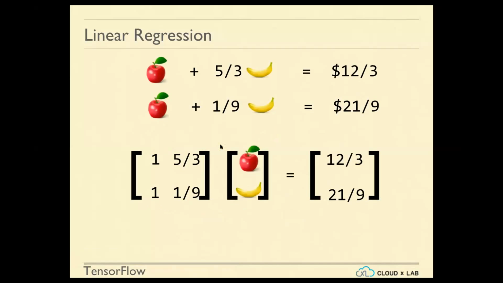You see that? These equations are represented with the left side expression as a giant matrix, right? 1 5 by 3, 1 1 by 9. So this is a way of representing these equations, and there is a dot product between these two. Dot product is actually designed for this kind of scenario. You take the first row, multiply it with the column, you take the second row, multiply with the column, and then you equate it to this side.